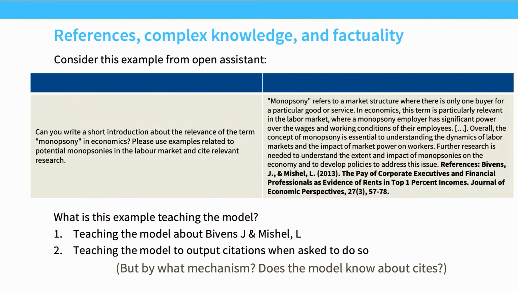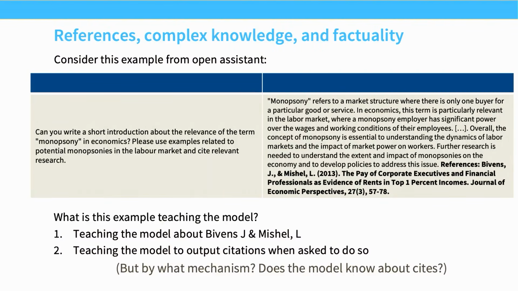Okay, the other thing, and I think this is in many ways important to think about in terms of how we collect and think about post-training data. I think Open Assistant is very instructive because it was an effort that was intended to be, in some ways, the highest quality post-training data. And so you often see things like this.